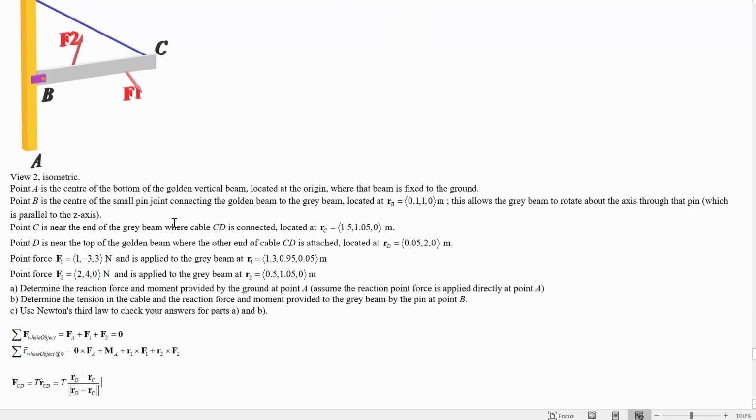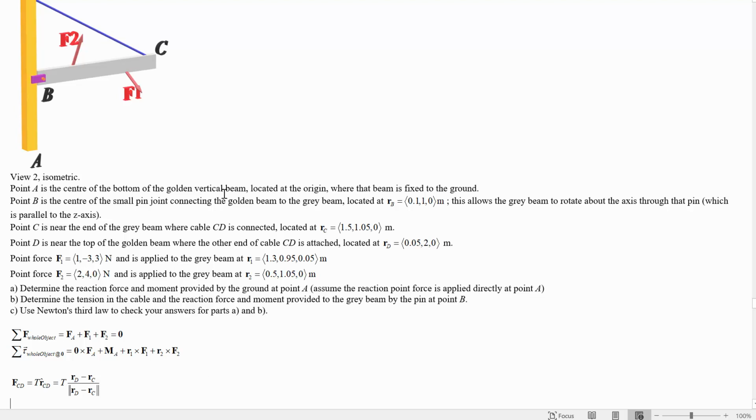Okay, so that's what we know about the force. The reason you want to do this is because this points out that it's not just an arbitrary, totally unknown thing. We actually know it down to only one scalar unknown, right? There's only one parameter that we don't know about this tension, which is, well, the tension. The force provided by this cable is known in direction, just not in magnitude.